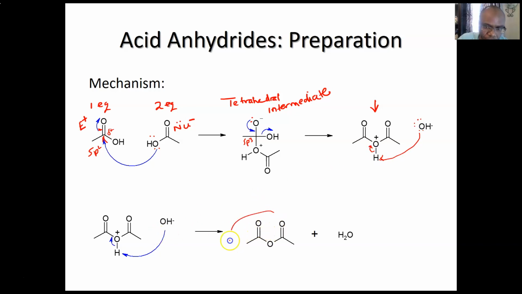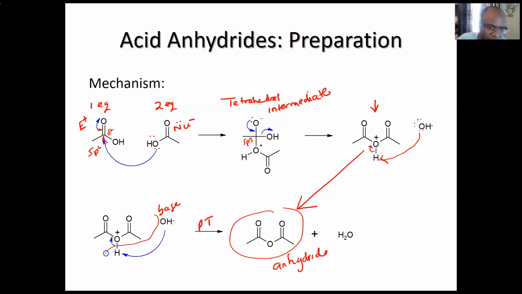You end up with your anhydride. Whatever arrows I've drawn here are just these arrows again, because this plays the role of a base to do the proton transfer, the deprotonation process. You end up with your anhydride. Notice that the OH takes out hydrogen, you get water, and that's the water that's lost because we have high temp being used for this reaction.